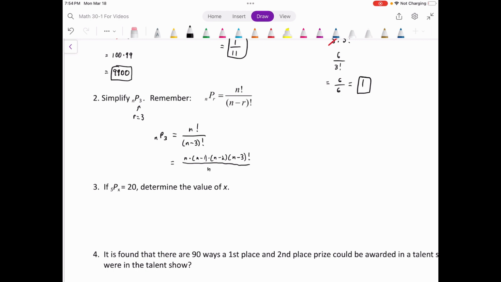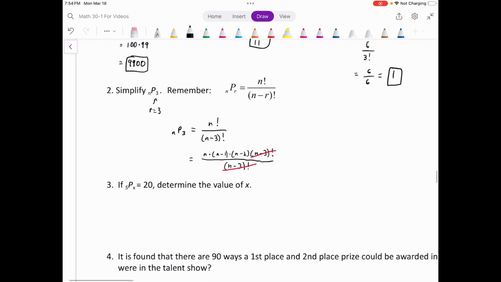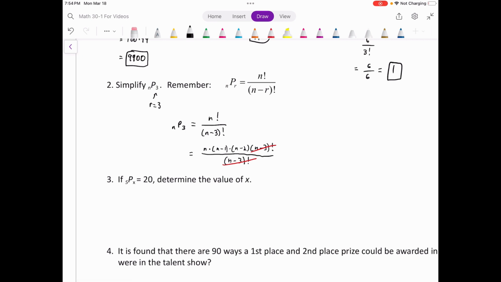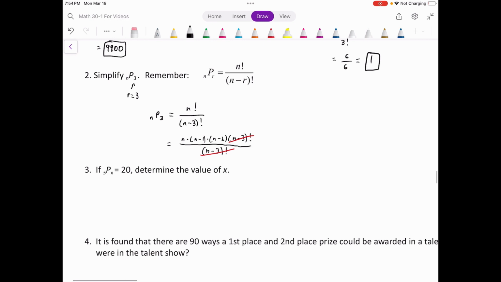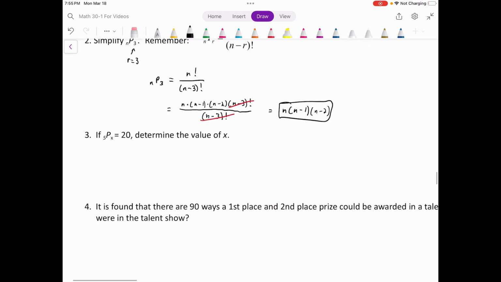And why did I stop there? Well, because my denominator is n minus 3 factorial. So now I've gotten rid of the factorials, right? That's typically our goal here when trying to simplify and work with factorials: get rid of the factorials, right? Get rid of them by canceling them out with one that contains them. So that just gives me n times n minus 1 times n minus 2. And there we go. We've simplified it. We could expand that out if we wanted, but that's not really any simpler than that. So there is our simplified expression for n permute 3.